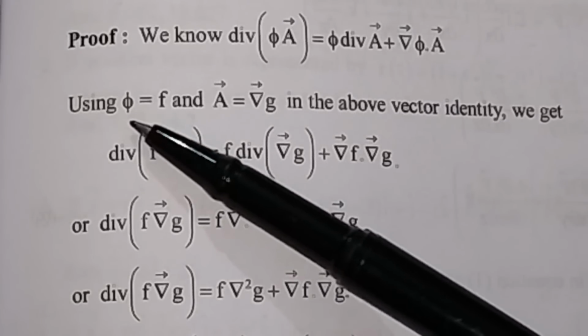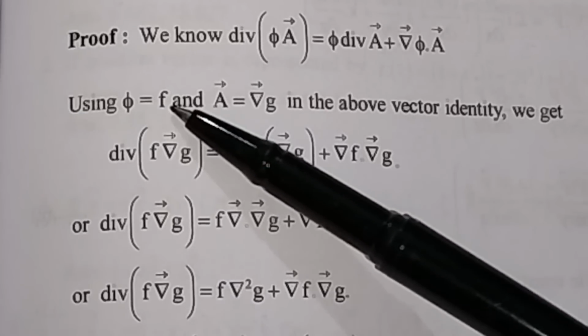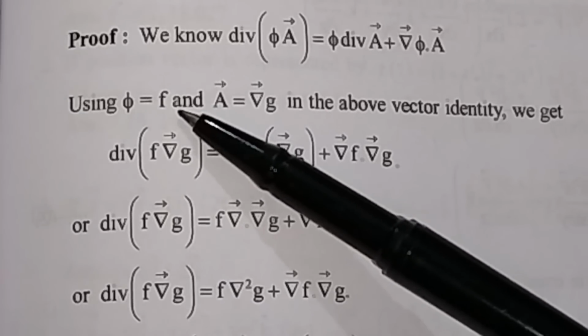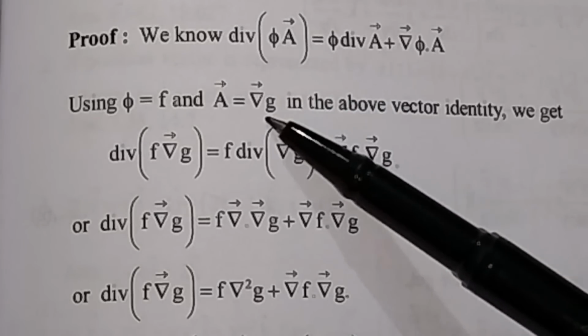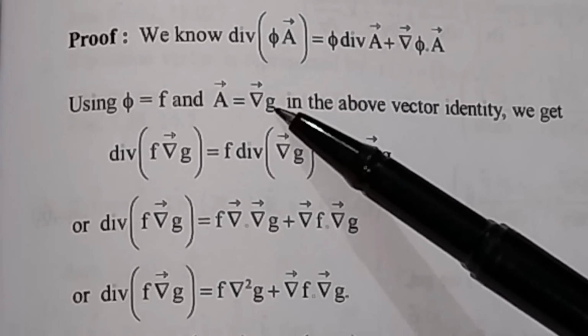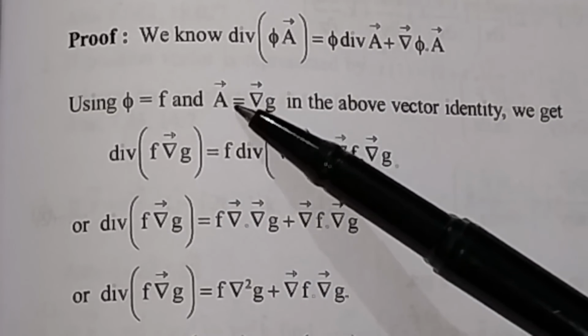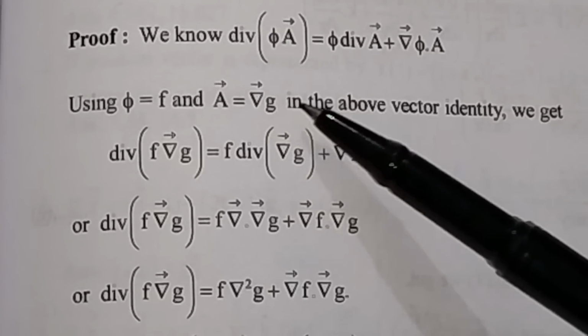Suppose here phi equals f. We have taken f as a scalar field, so phi is equal to f, and a is equal to grad g. G is also a scalar field, and we know gradient of a scalar is a vector, so a equals grad g.